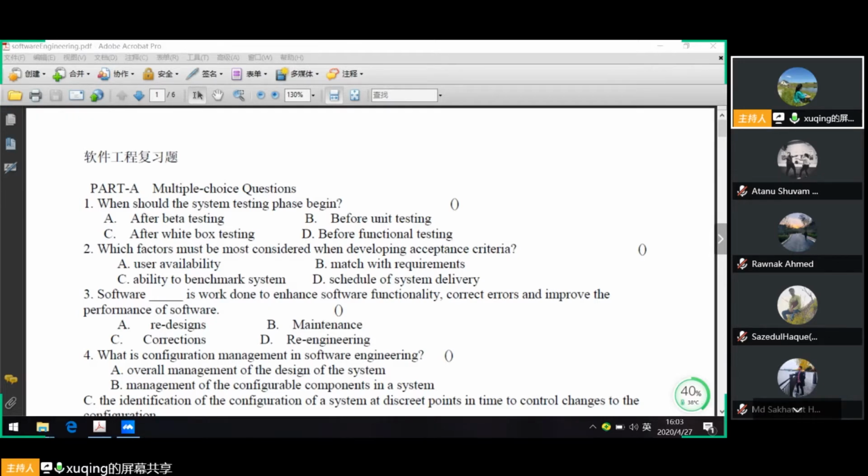For development testing, the system is tested during development to discover bugs and defects. System designers and programmers are likely to be involved in this testing process. For release testing, a separate testing team tests a complete version of the system before it is released to users.